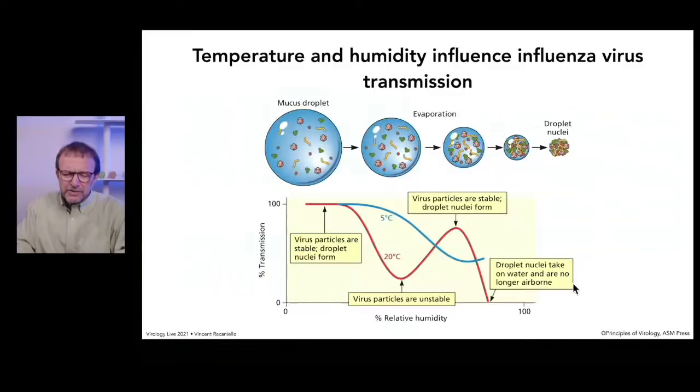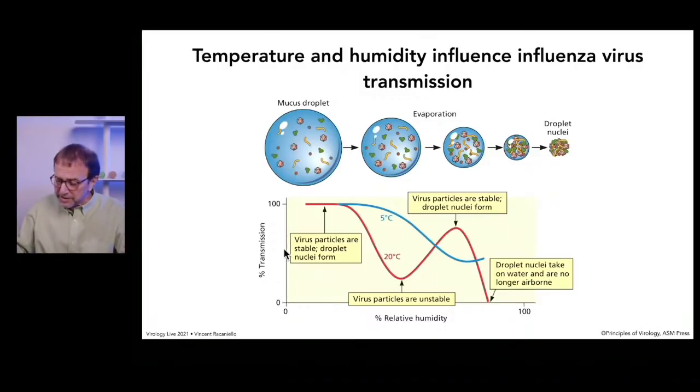There's one good experiment, in my opinion, about how seasonality influences influenza virus transmission. This is an experiment done in guinea pigs, hamsters, where you can put hamsters in adjacent cages. You can infect one and have airflow from one cage to another, no contact, and the infected hamster will infect another.